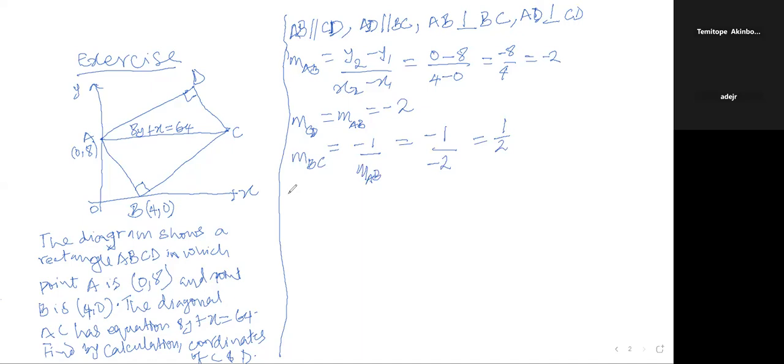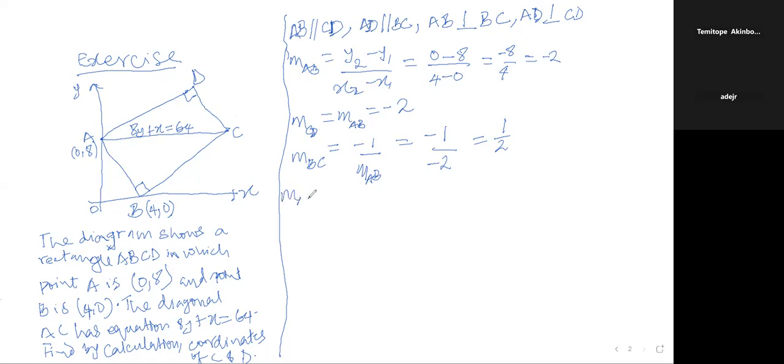Similarly, I can also determine the gradient of CD. Since I've determined the gradient of BC, and I know that BC and CD are also perpendicular, yes, sir. Or, no, I've determined that already here. That's minus 2. Then, okay, I can determine the gradient of AD.